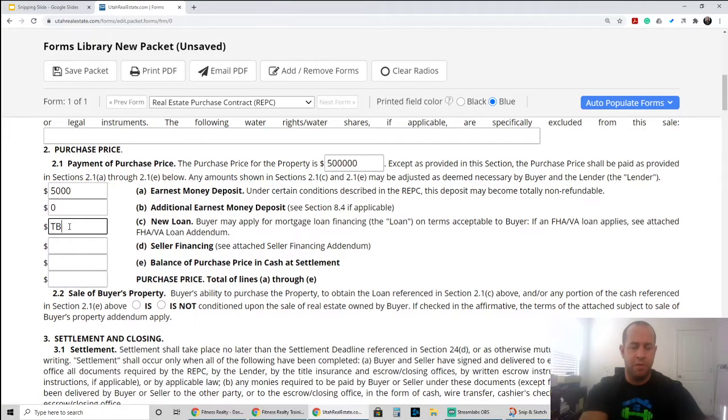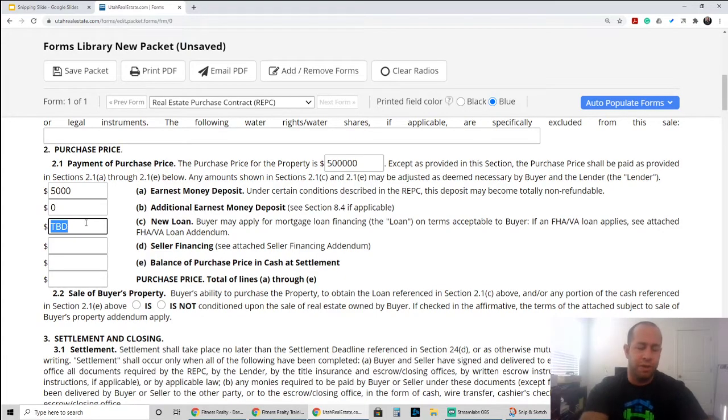New loan. Right now, I love to use TBD, or to be determined, just because the loan specifics are so difficult to figure out on the fly and to make sure that they're accurate. And we are able to change those anytime. 2.1c and 2.1e may be adjusted as deemed necessary by the buyer and/or the lender at any time.